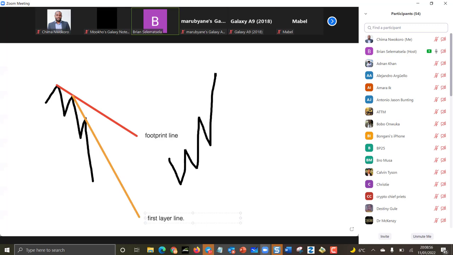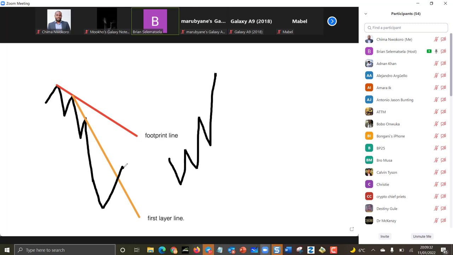And this line helps us to distinguish if the market will continue going down or will break and go in the opposite direction. If it will continue down, it won't even touch this. There's our footprint. But if it is anticipating to go in the opposite direction, you'll see it breaking.